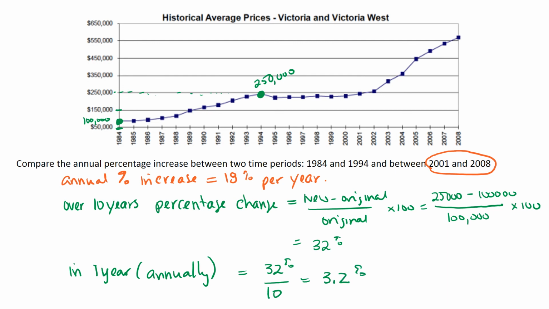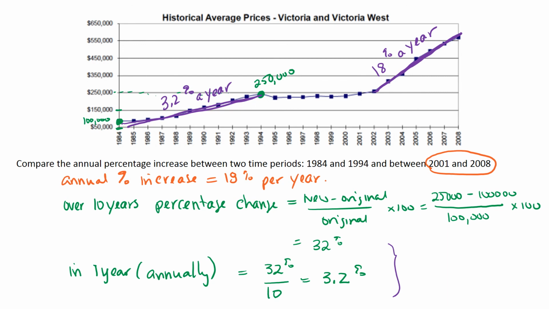So let's compare those. In this time period here, it was increasing at a rate of 18% a year. And in this time period here, it was increasing at 3.2% a year. So that is a difference of just under 15%, from 3 to 18. That's the comparison.